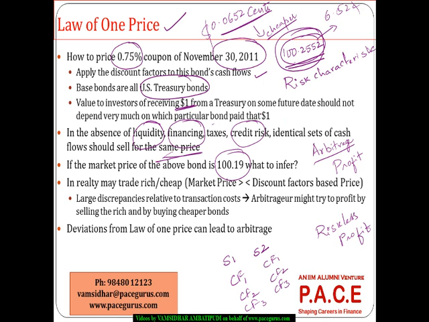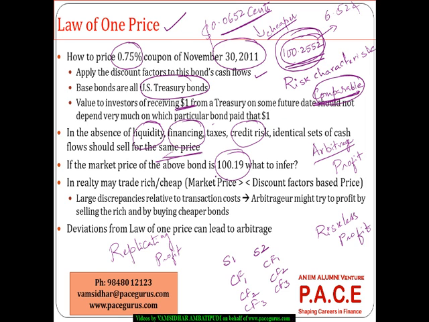So this is where I may think of a replicating portfolio. We'll talk about it, right? I will first of all try to buy this bond because it is cheaper compared to the predicted price. The predicted price is coming based on the comparable bonds, compared to the other bonds that are used for arriving at the discount factors.